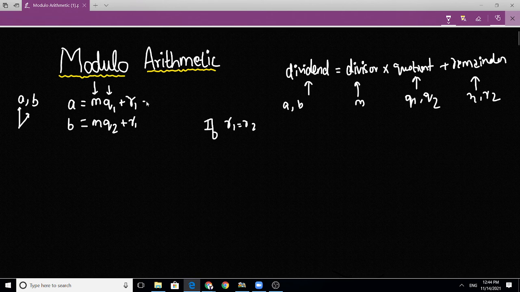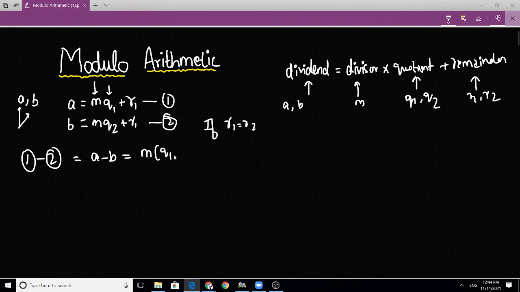Let me take these as equation 1 and equation 2, and subtract them. 1 minus 2, you get a minus b equals m times (q1 minus q2), and the r's get subtracted because both are equal. I'm going to write q1 minus q2 as some capital Q. So a minus b equals m into some random quotient.